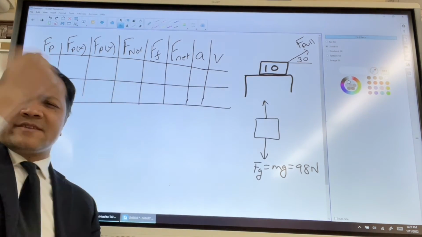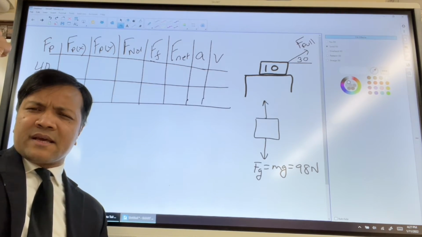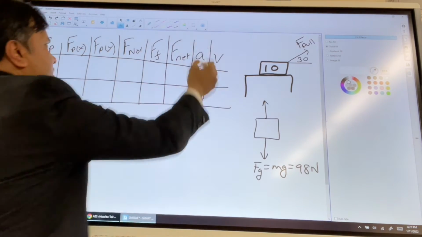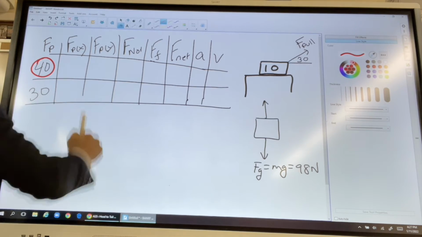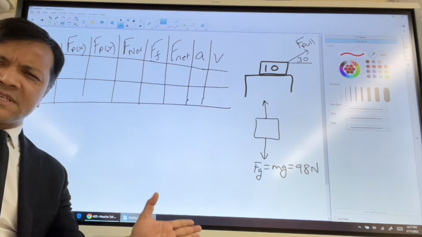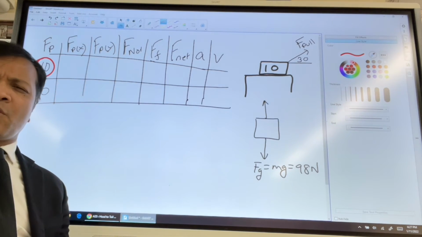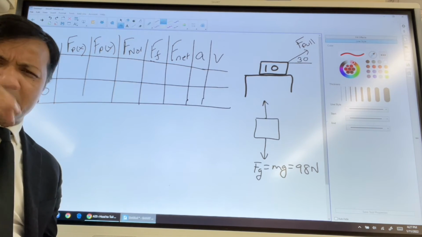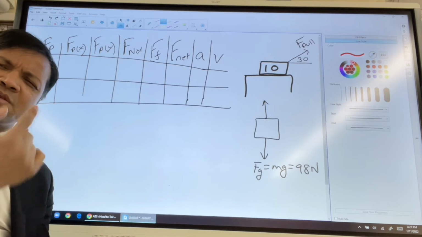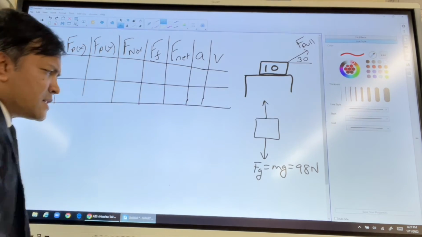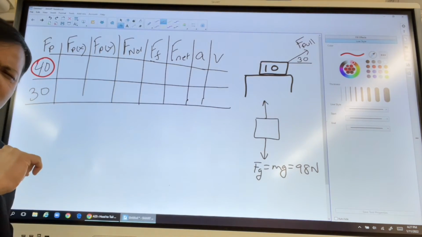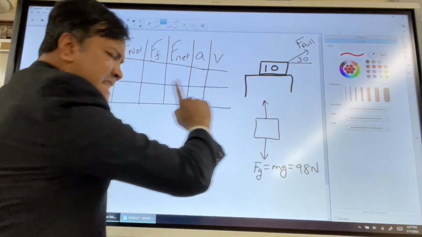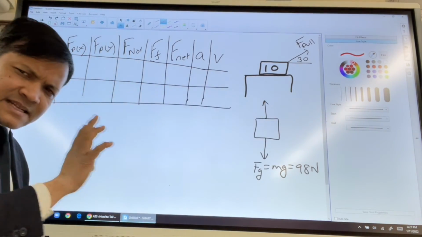Because the table receives some help because someone is pulling the box with 40 Newton. The sum of the force acting in the y direction, probably 20 Newton, would be subtracted from the weight, and that would be the normal force. So normal force would be less than 98.